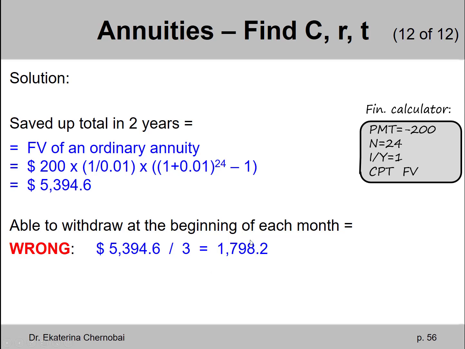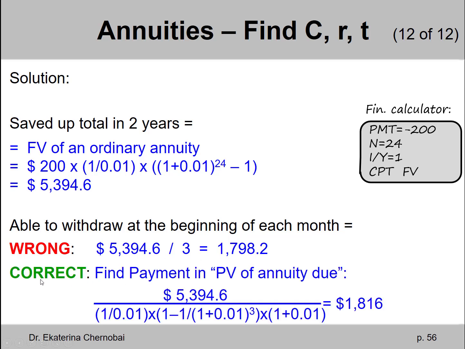And then after the second amount is withdrawn, what's left earns interest again over the 3rd month. So how do we include all of that into our second step? The correct way is to solve for annuity payment, either using the formula or the financial calculator.